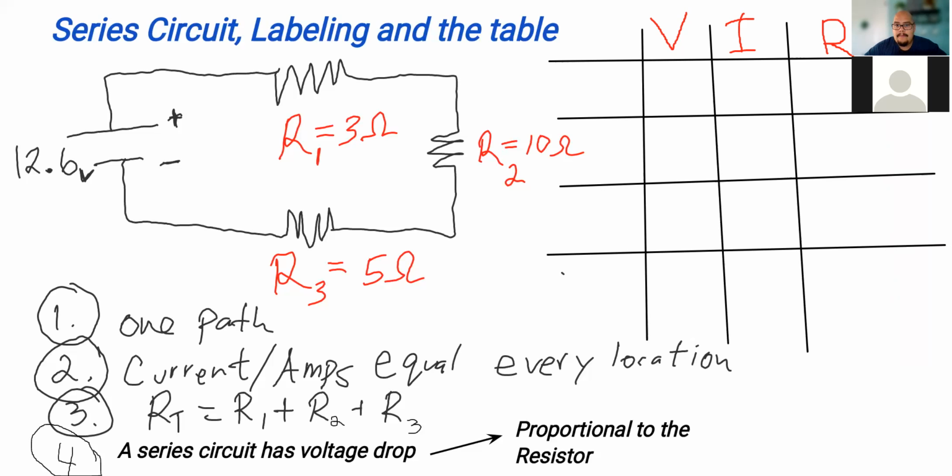So here I'm going to put R sub 1. Here, I'm going to put R sub 2. R2. The next one would be R3.